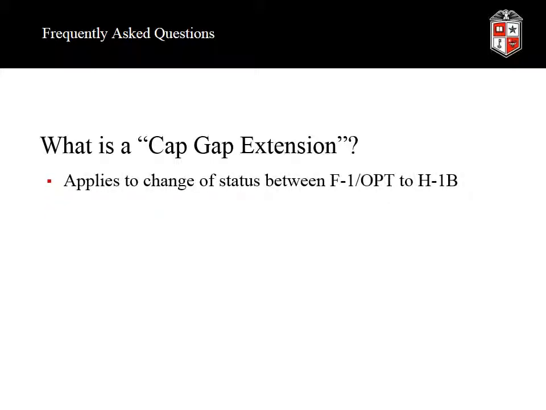When you are changing from F1 to H-1B, there is such a thing as a cap-gap extension. So what is that? This applies again to changes of status from F1 OPT to H-1B.